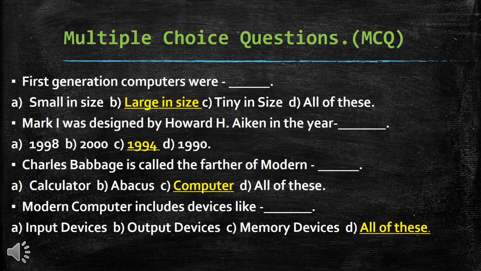Options are input device, output device, memory device, all of this. The answer is all of this. Remember students, modern computer includes all the three devices, that is input device, output device and memory device. I hope you all remember all those devices as we studied in chapter 2.